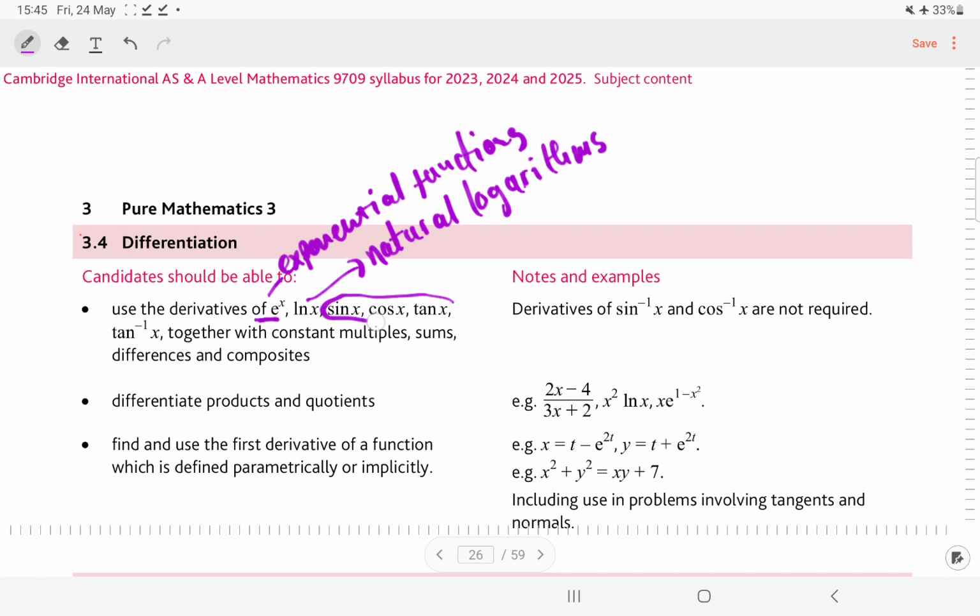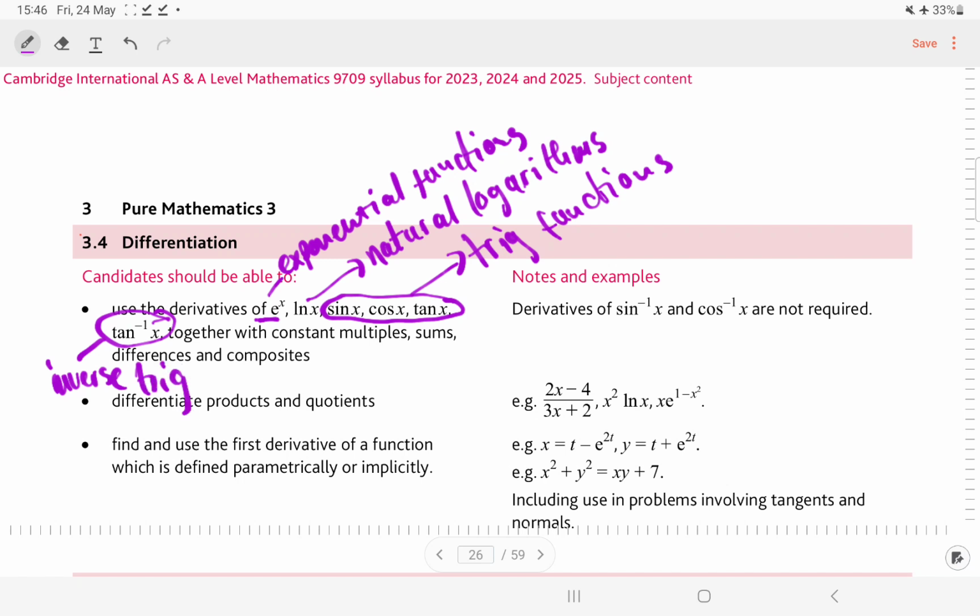Then these 3 will be trig, okay? Trig functions, right? Sine, cos, tan, those are the trig functions we're going to do. Then we have tan inverse, which is going to be inverse trig. Normally we include inverse trig in trig.